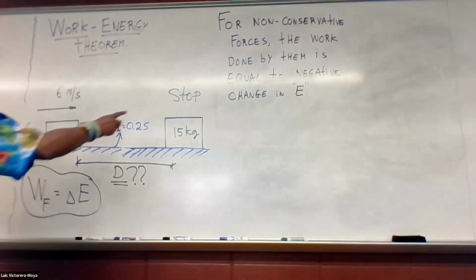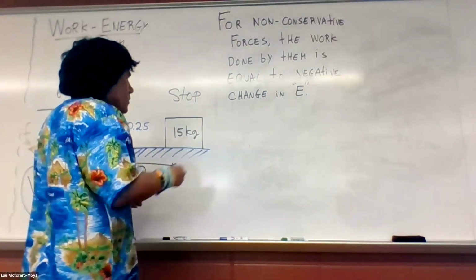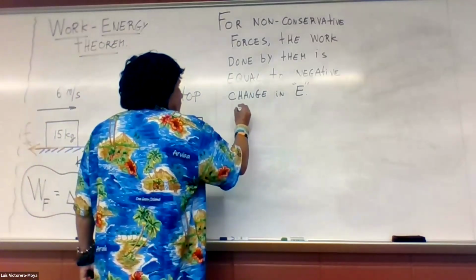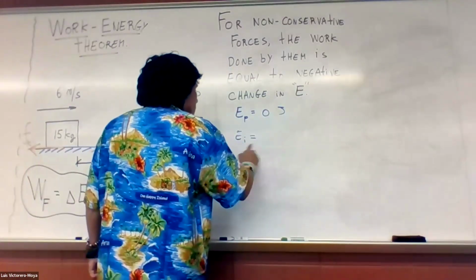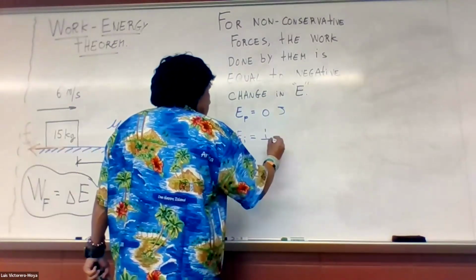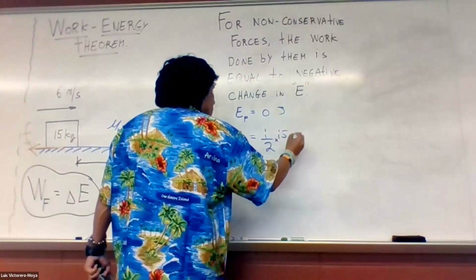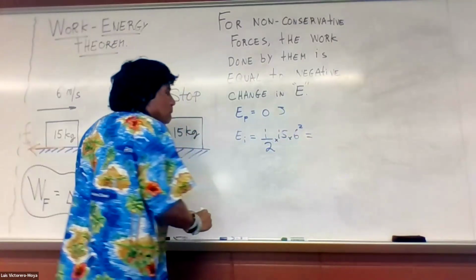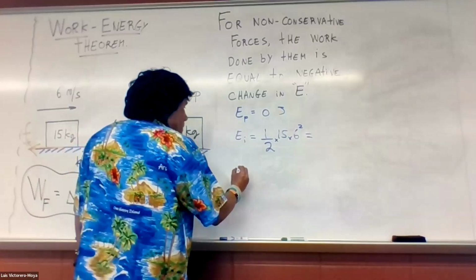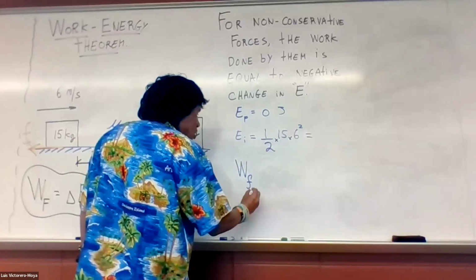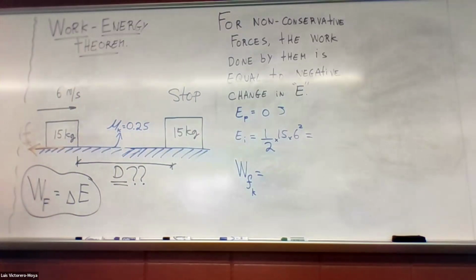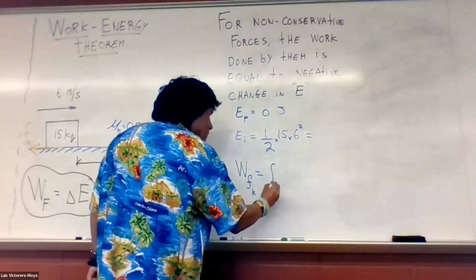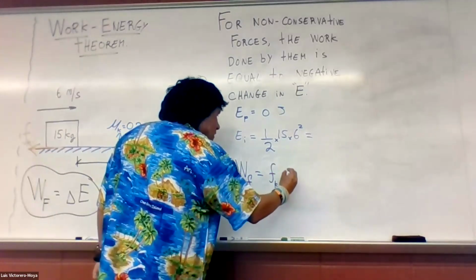So it stops. So energy final is 0. Energy initial is kinetic. I need the work done by friction. The work done by friction is the force of friction times the distance d.